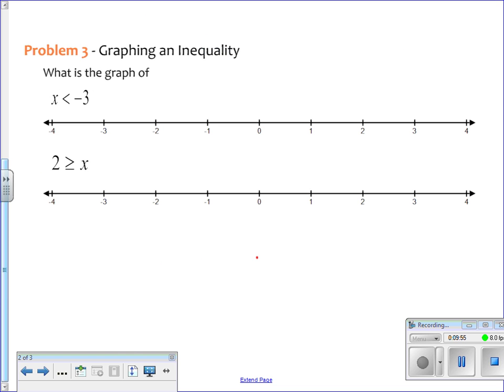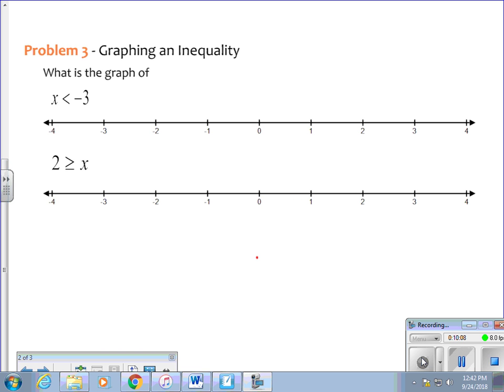I kind of showed you how to do them. Go ahead and graph them. Put your dots, open or closed, draw your arrows. Okay, that should not have taken that long. Whenever I'm graphing, because you're going to have to graph answers several times, here's what I do. What's my important number?